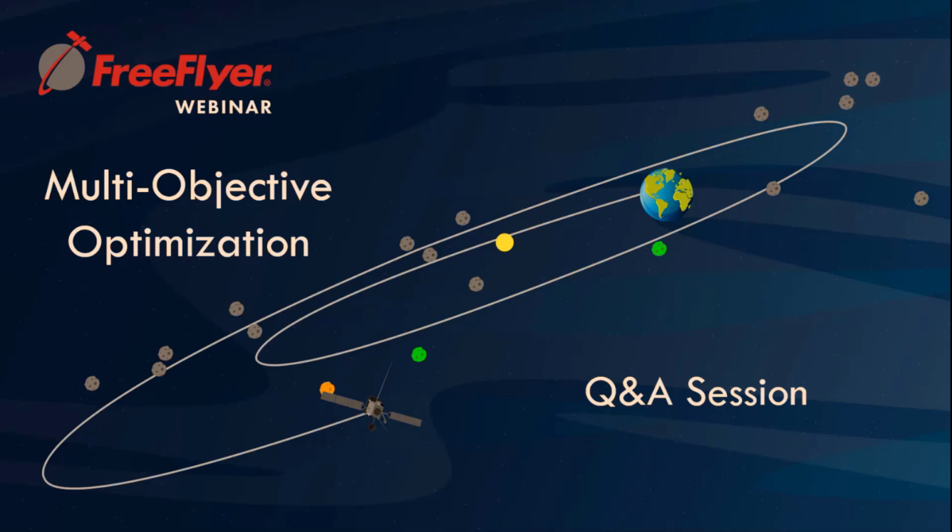Next, does FreeFlyer have any features to let me sort through the solutions that are generated? Yeah, so that goes back to when we were discussing programmatic ways to comb through solutions versus manual ways.